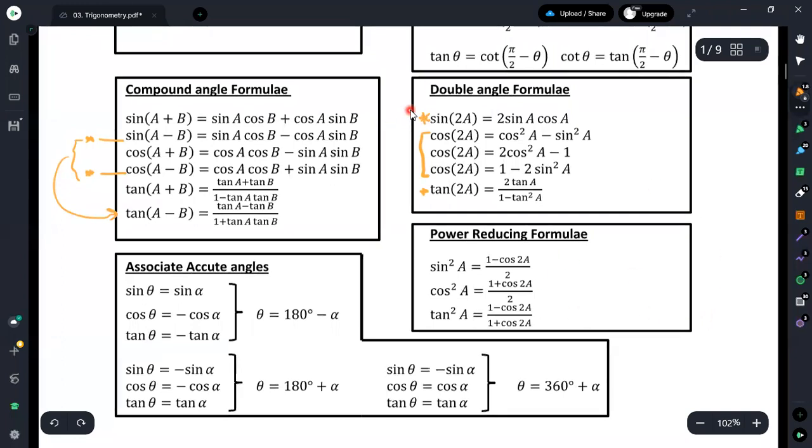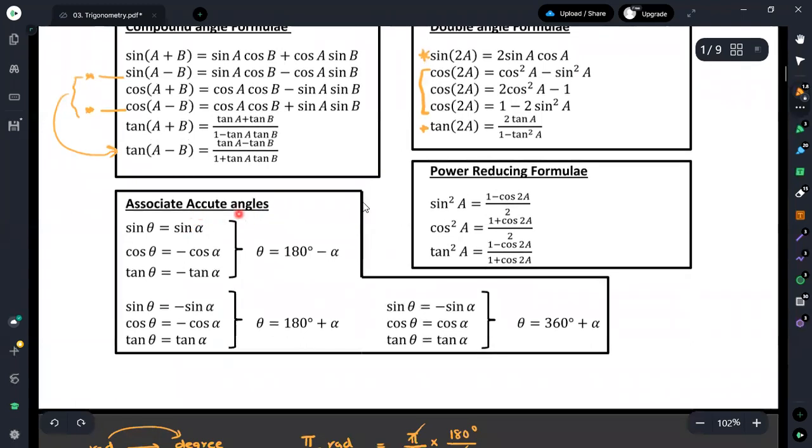Therefore, now we have discussed the compound angle formulas and the double angle formulas in this session, and now we will see some power reducing formulas. Here, if you have squared terms as the powers of the trigonometric ratios, then we are going to have an equation which is equivalent, with the powers as one.